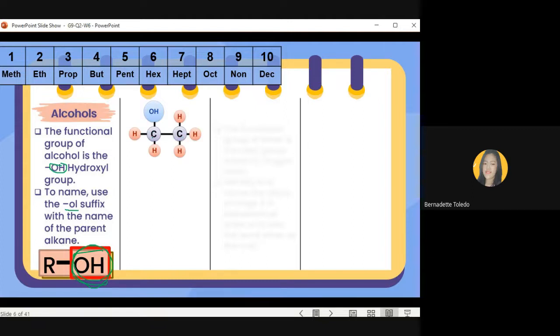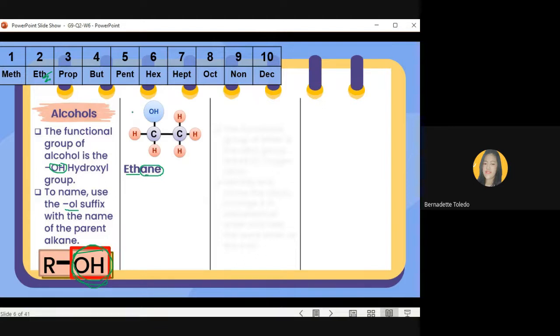If we use the carbon chain here, we will get two carbons and the prefix to be used if we have two carbons is eth. So if we have this as a hydrocarbon, we will name it as ethane. Eth because we have two carbons in this compound and ANE because we have a single bond.